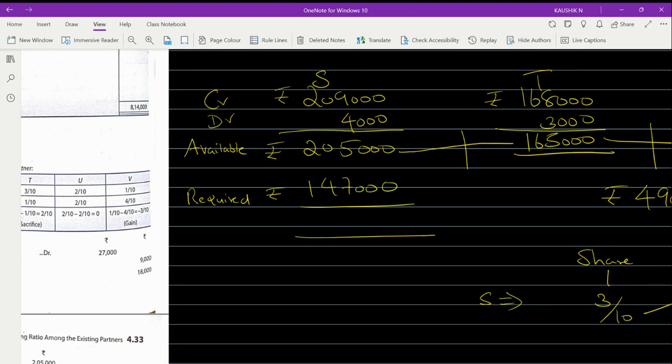Now you compare and tell me, will Yes have to bring further capital or will Yes take away the excess capital, if any? Is there any shortage or any surplus in this case? Available is 2 lakh 5, but required is only 1,47,000. Compare these two and tell me.